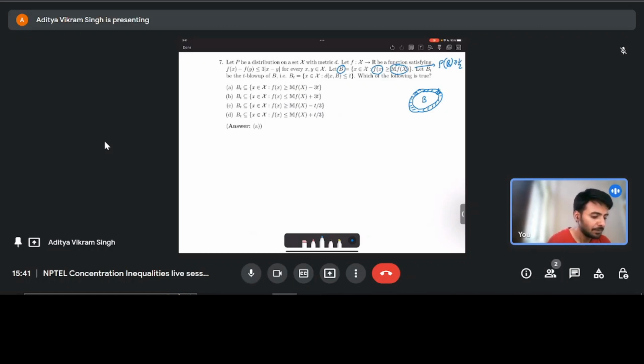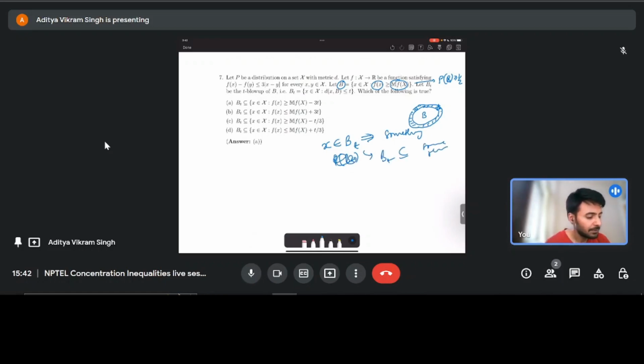So B_t is a subset of something. We want to argue that if x belongs to B_t, then something must happen, which means B_t would be a subset of this something.